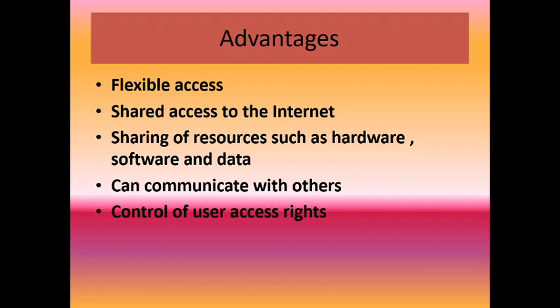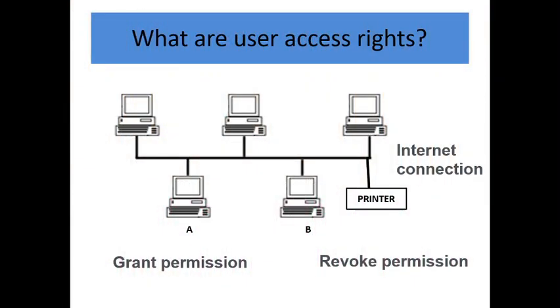What is this? User access rights means. Now look at this figure. This is a bus topology. There are two users, user A, user B, and a shared printer and an internet connection.